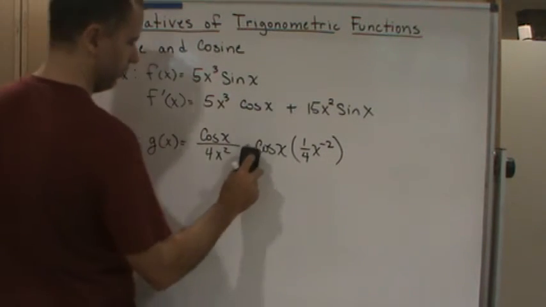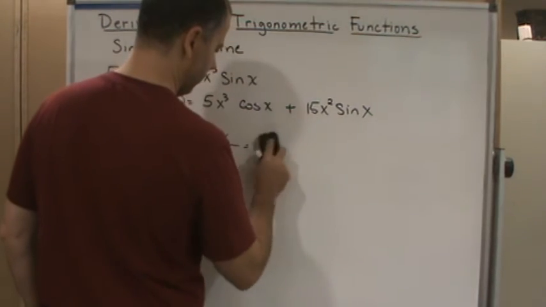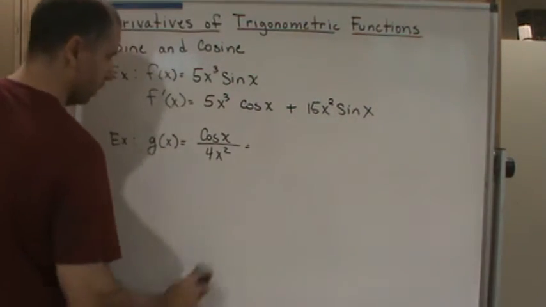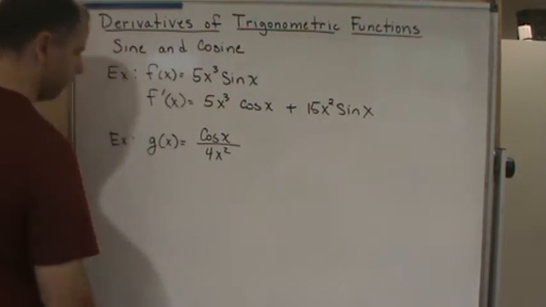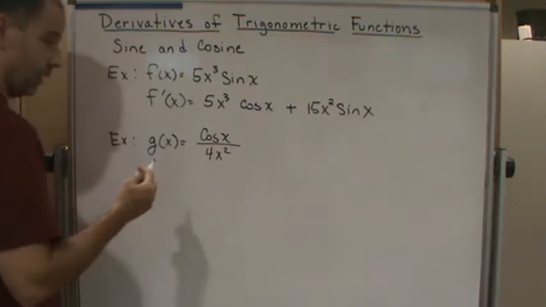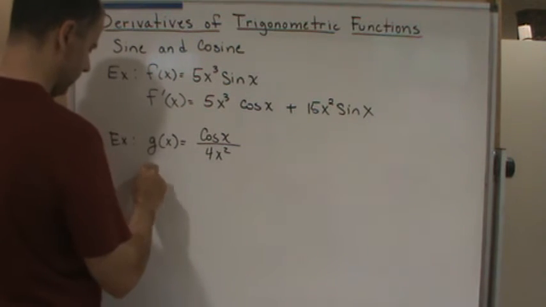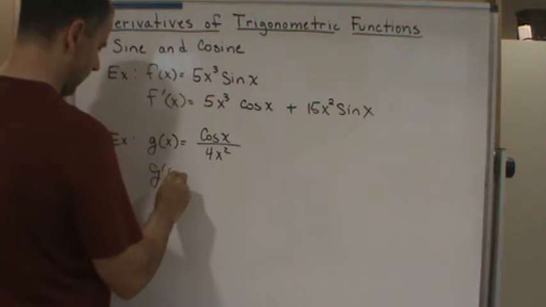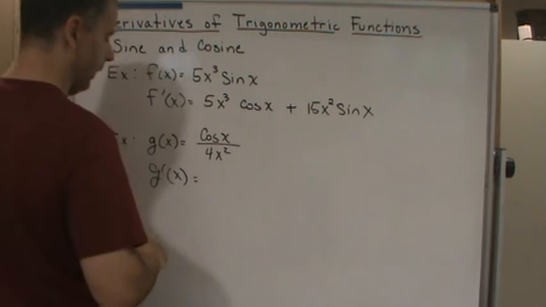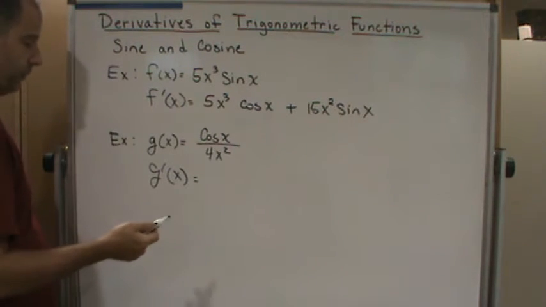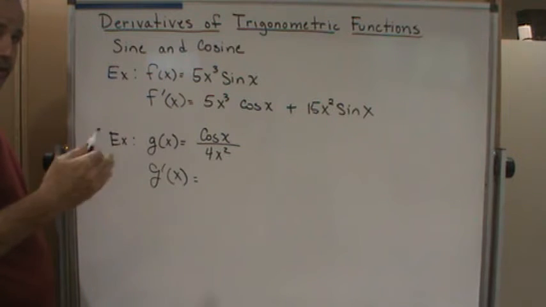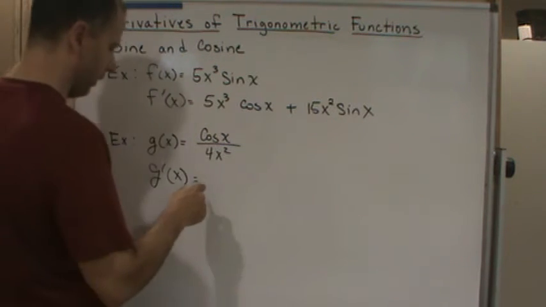But I won't. I'm going to do the quotient rule for good practice, right? So g prime of x equals, okay, what's the quotient rule? It's low d high minus high d low over low squared.